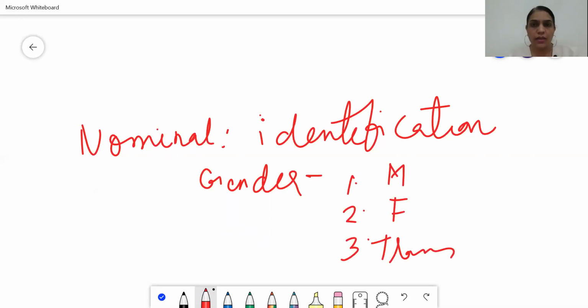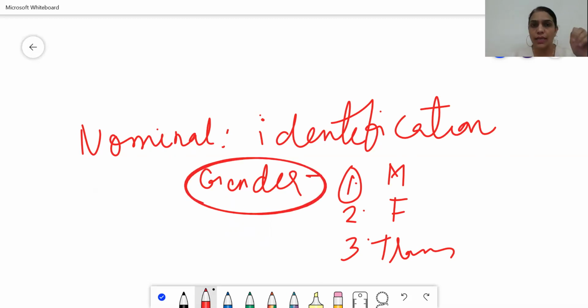Then these numbers are used for making the identification. It is used for making the categories of a variable called gender. So nominal scales are used for identification purposes, and also for classification.